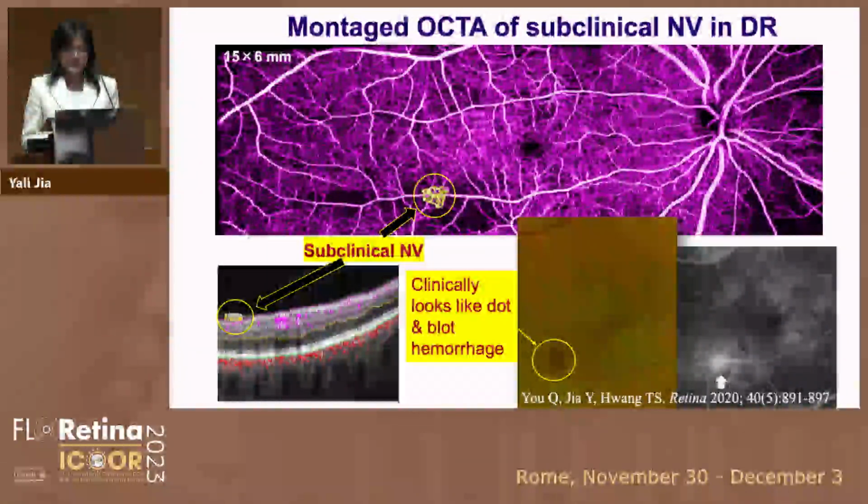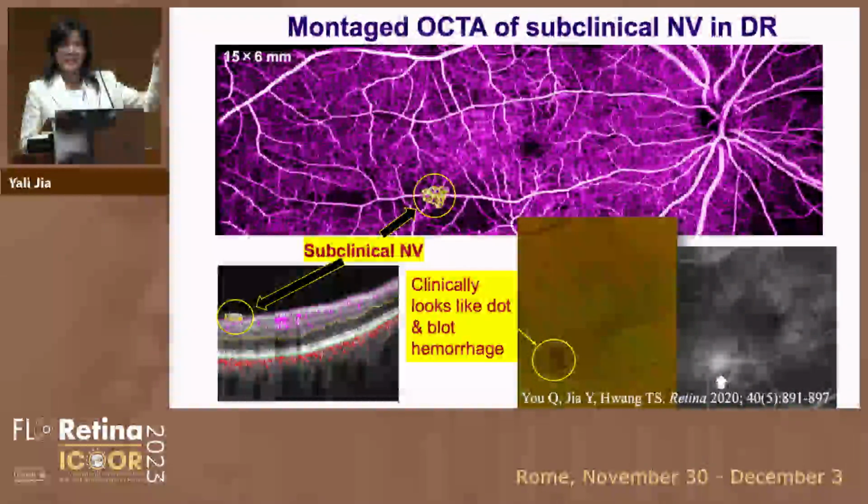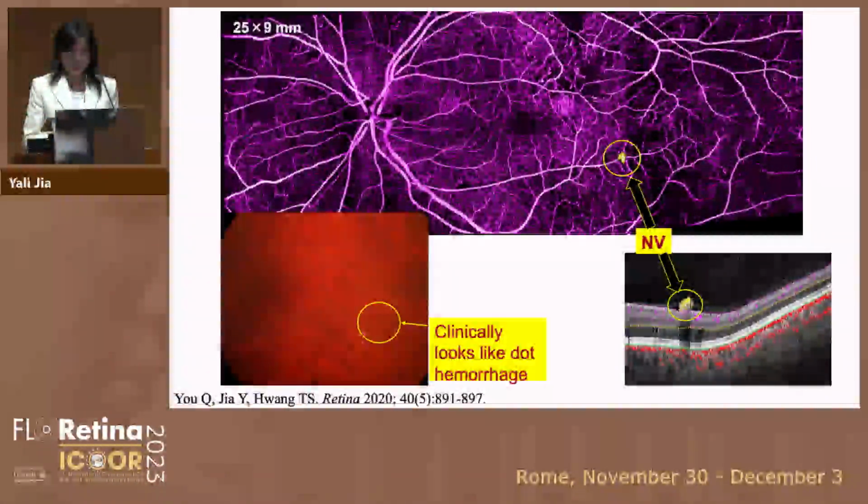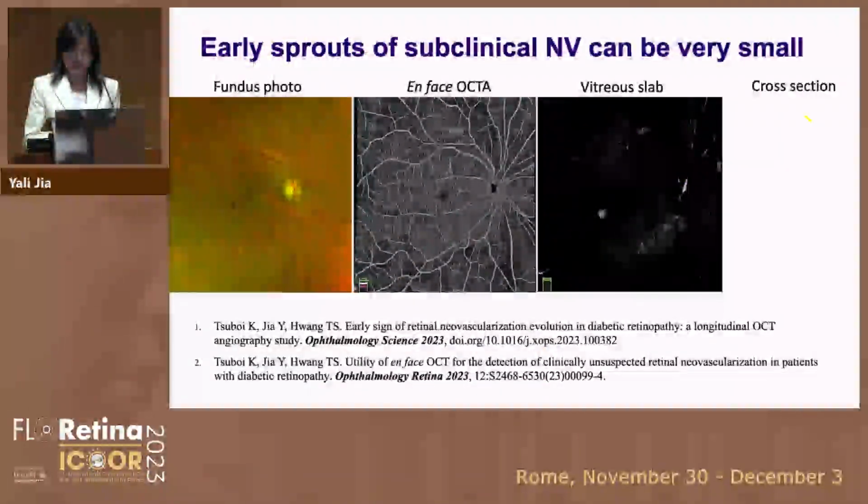For example, in this case, clinically it looks like a dot or a hemorrhage on the fundus photo. They must miss it in the clinical diagnosis, but it's clearly shown by the depth-resolved cross-sectional overlay image. And using the 3 montage 9x9 images, we also find very tiny subclinical retinal neovascularization. Again, it also looks like a dot hemorrhage on fundus photo.